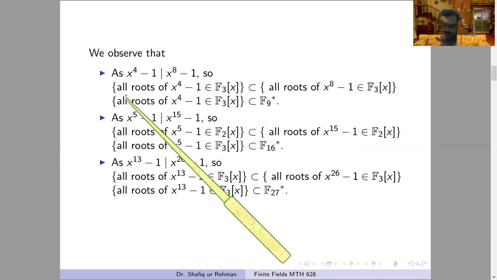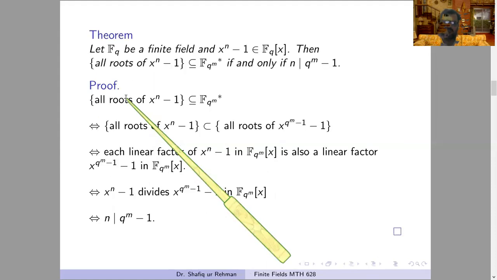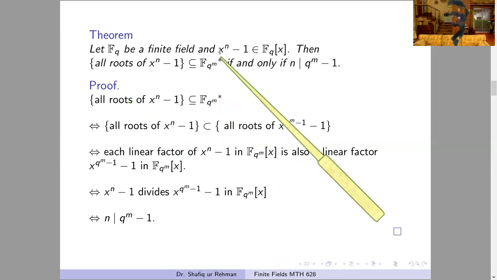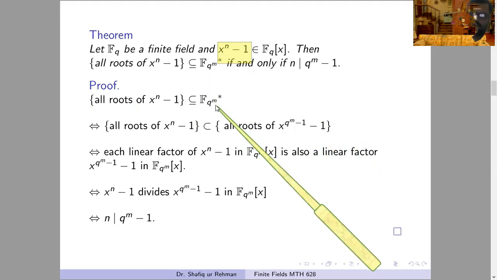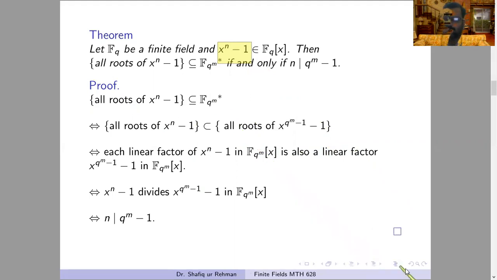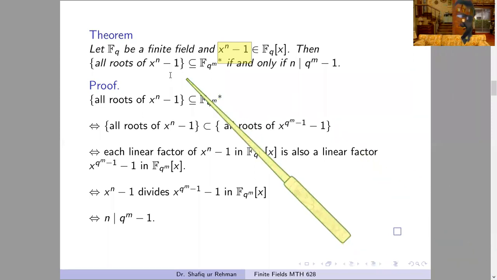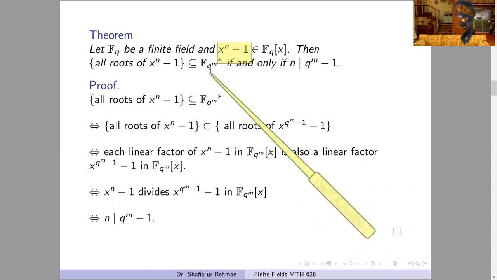Now in order to understand the procedure that we will adopt, first of all, we prove this theorem. This theorem will tell us where the roots of this polynomial lie, and the necessary condition for the roots of this polynomial being in this field F_q power m.